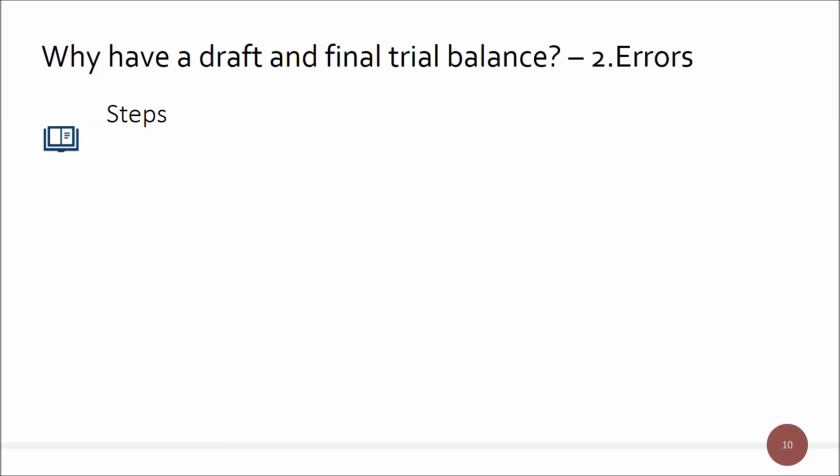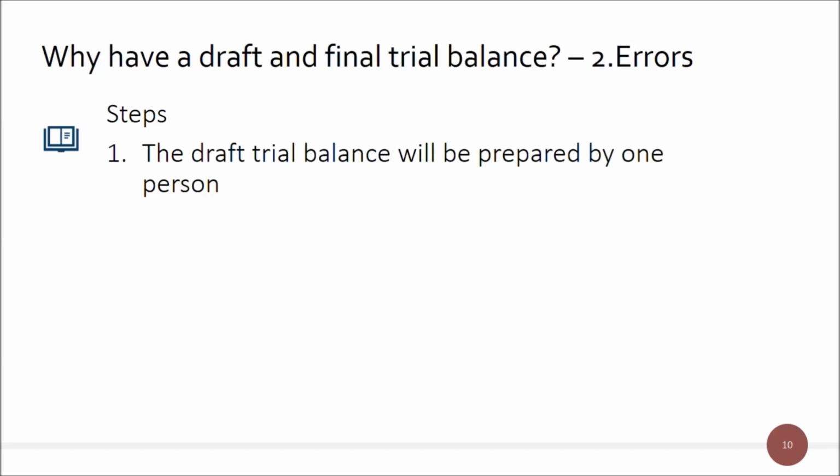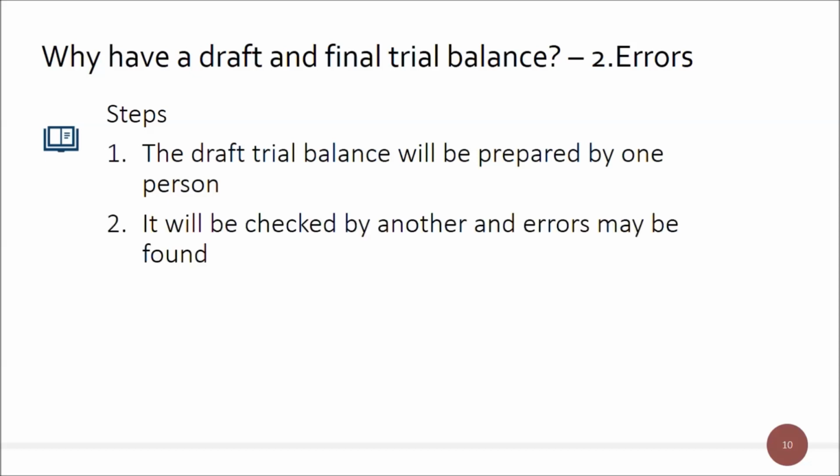Now the second one would be from another person. Somebody else has now come in and they've taken this final trial balance that's been produced with these period-end journals, and they would review it and compare it. So one person's prepared the draft trial balance, and actually that then becomes a new draft trial balance. Then it's going to be checked by another person.